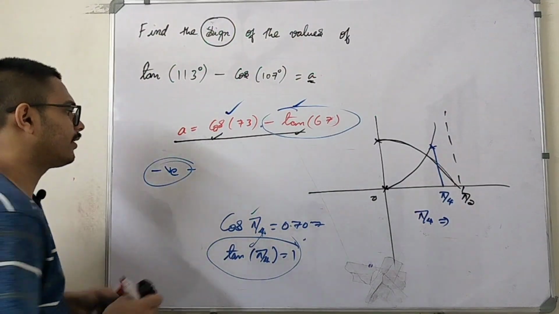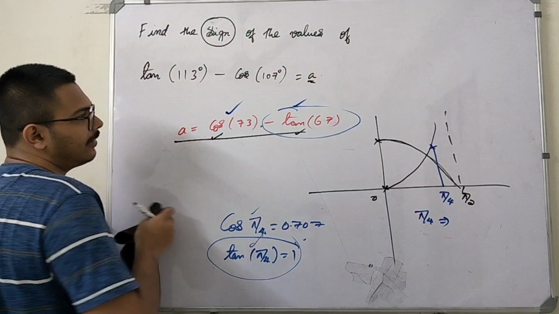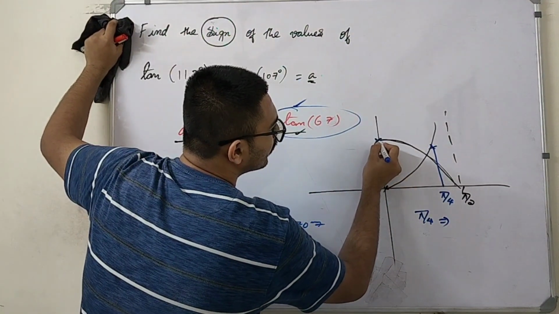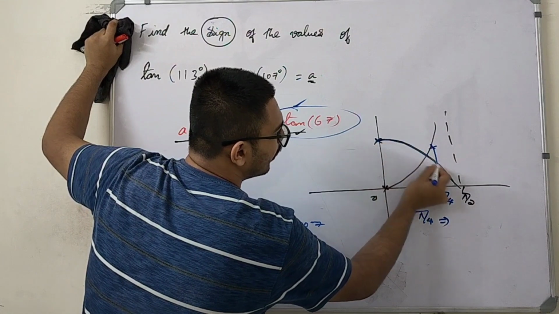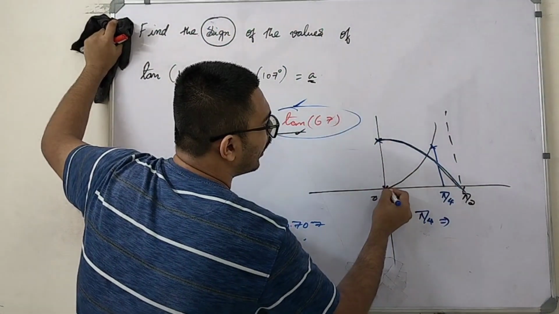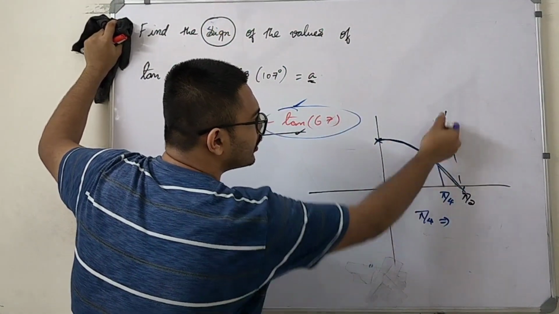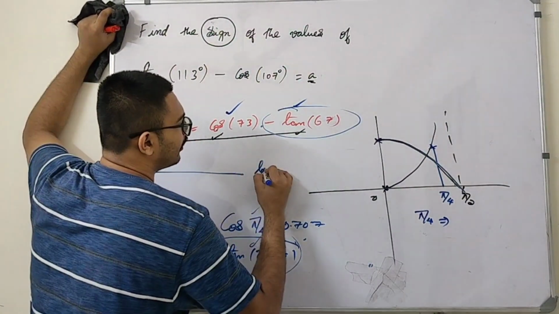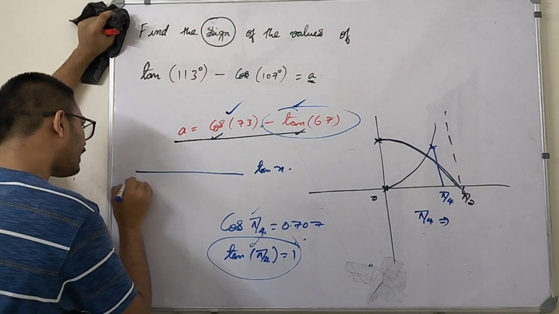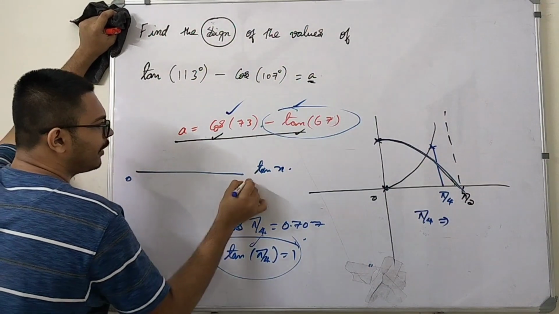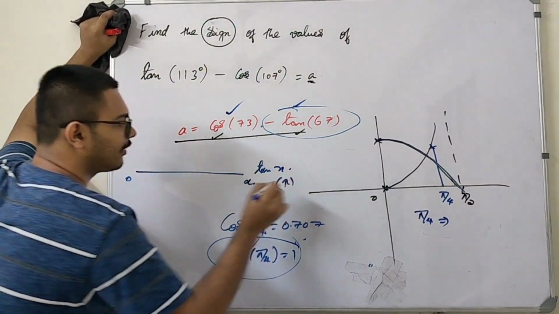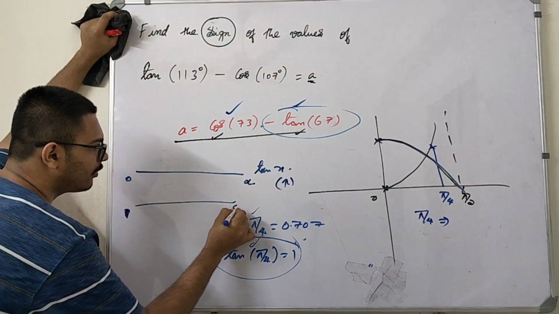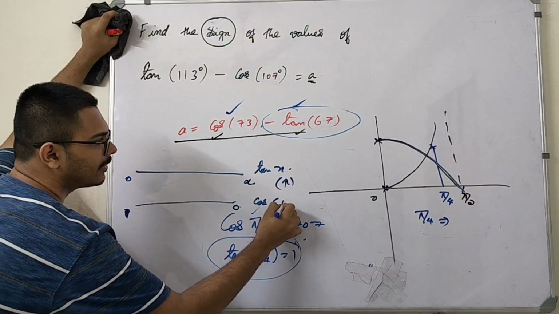Or you can consider an idea that in the first quadrant cos theta decreases from 1 to 0 and tan theta increases from 0 to infinity. In the first quadrant tan x increases from 0 to infinity, it's an increasing function, and cos theta decreases from 1 to 0, it's a decreasing function.